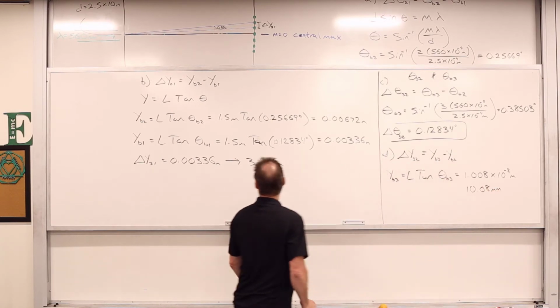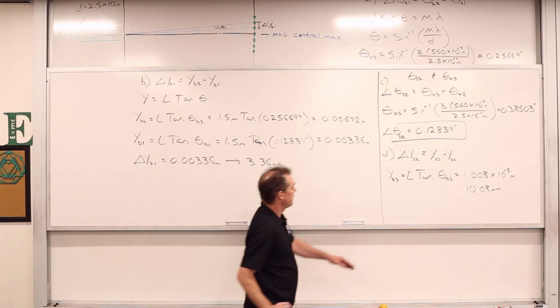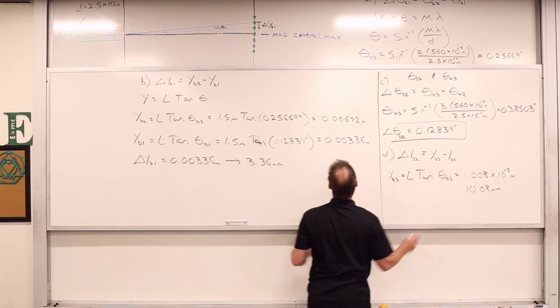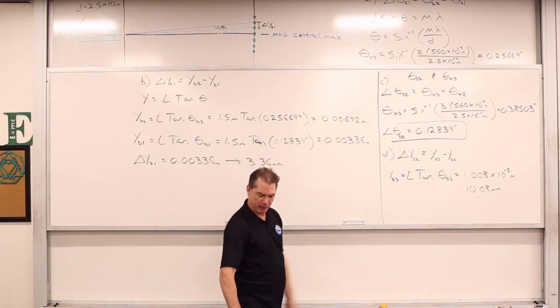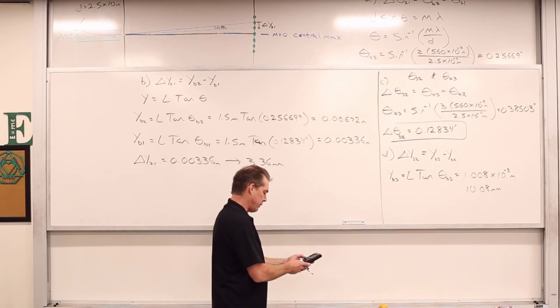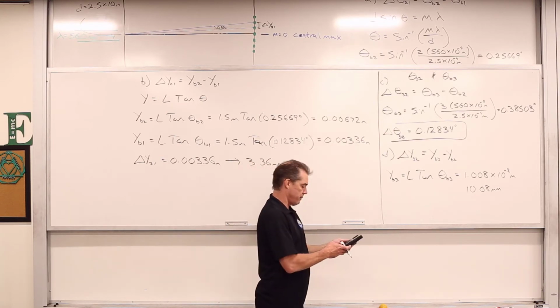So what do we get? Well, if we're looking between 3 and 2, we've got 10.08 millimeters minus 6.72 millimeters. Let me just go ahead and put that in.